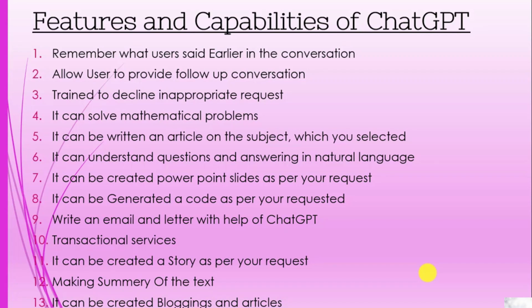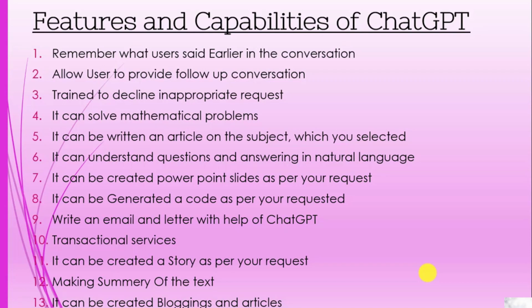It means that if you want to create a PowerPoint slide, it will create it for you within a minute. You just need to ask for a slide on Dr. Abdul Kalam. It will make it within a minute. So this is a very great feature in ChatGPT.